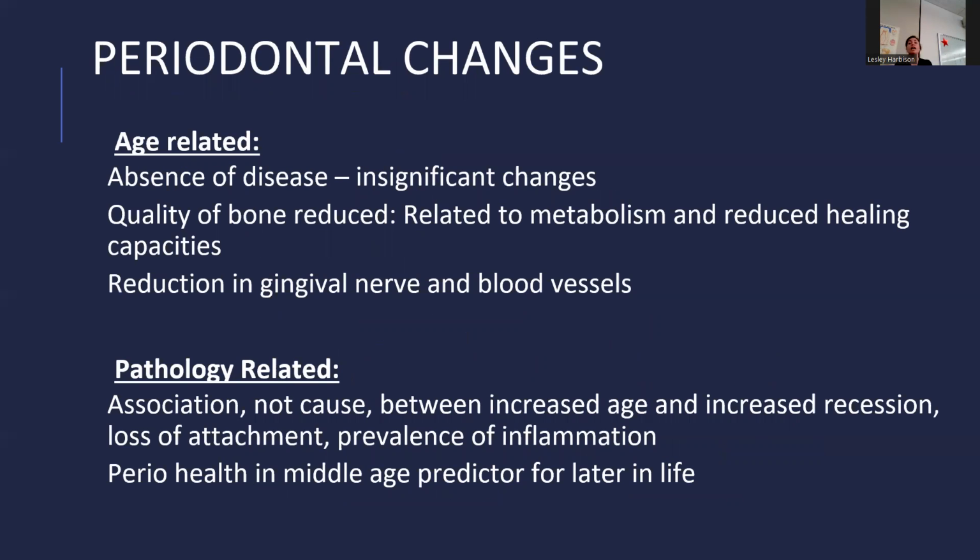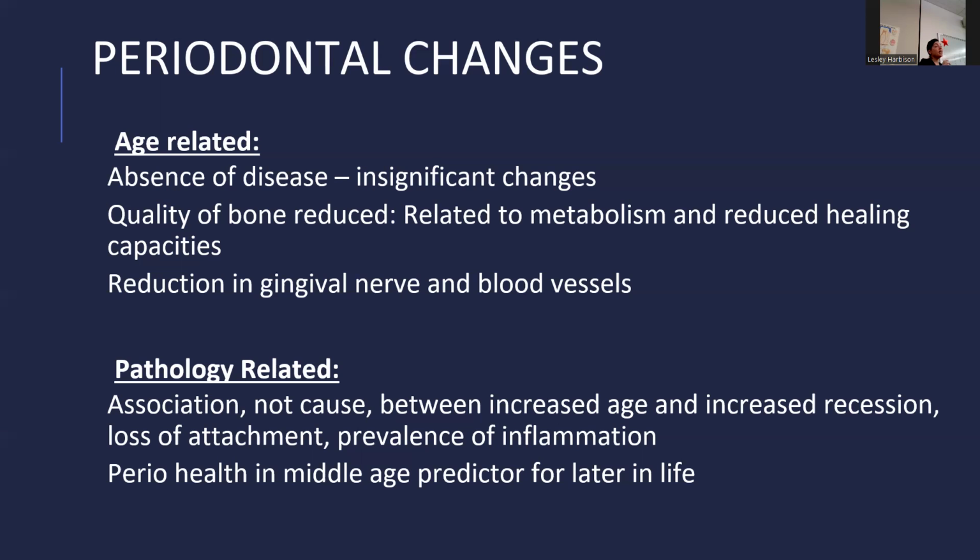Periodontal changes, so age-related in the absence of disease, meaning you have a spry, healthy, vigorous 80-year-old, there's going to be minimal periodontal changes. There's probably some recession, but they can really have minimal periodontal changes if they have been very systemically healthy their whole life. Quality of bone, that being said, there are some changes, and of course, this is going to depend on an individual basis, but quality of bone can be reduced related to metabolism, reduced healing capacities, reduction in gingival nerve and blood vessels.